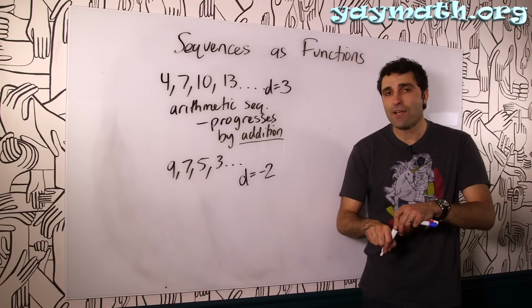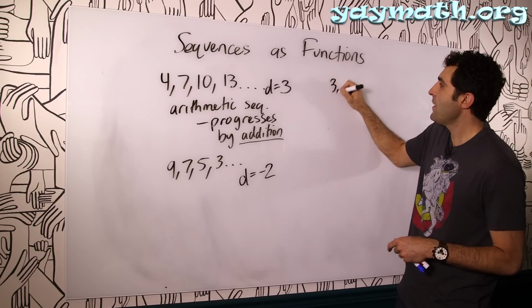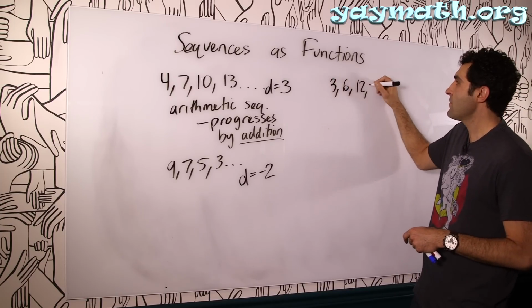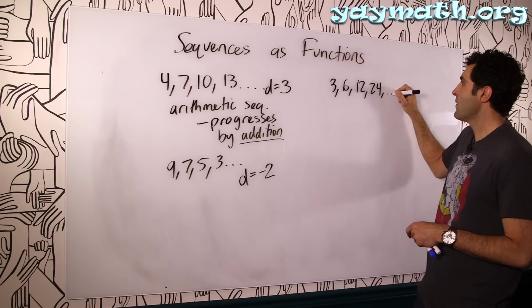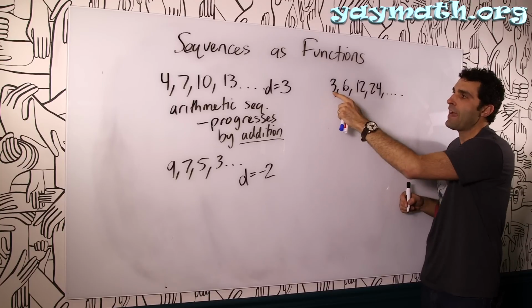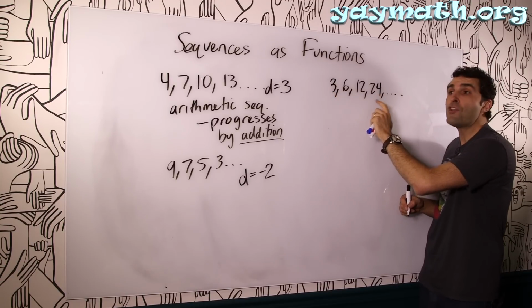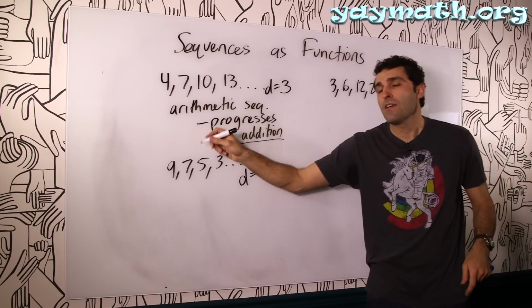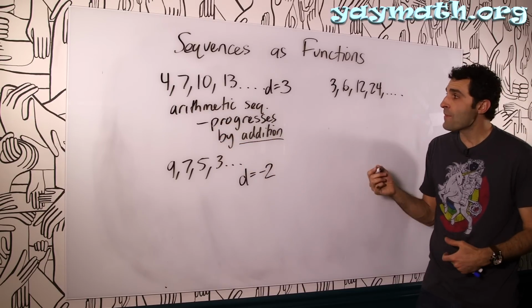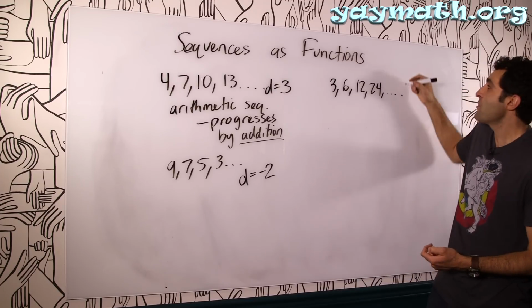The next type of sequence, maybe you guessed it. Here we go: 3, 6, 12, 24. Does this sequence progress by addition? Let's find out: +3, +6, +12. No, this is not arithmetic. But it does progress by another math operation, multiplication, ×2.